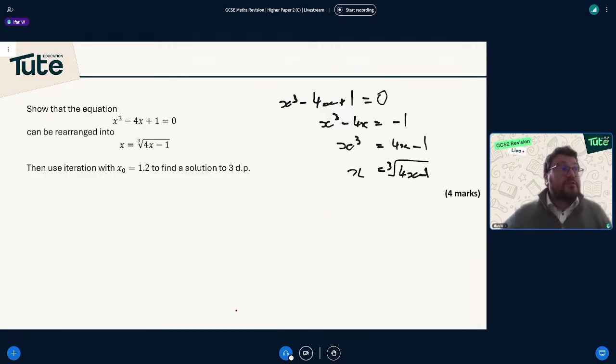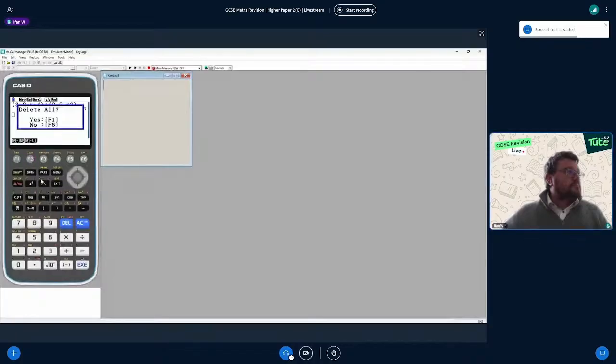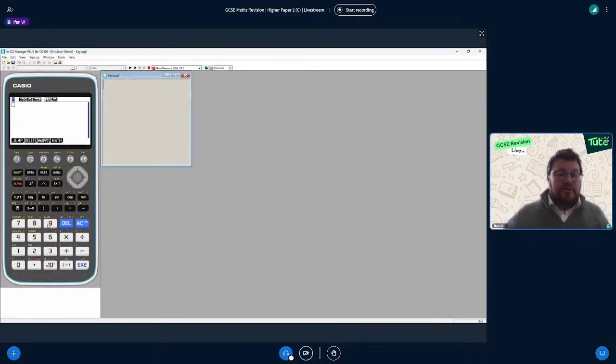Right, this is where my calculator is going to come into play. I'll get my calculator up for you so that you can see what I'm doing. Right then, so x is equal to 1.2. The first thing I'm going to do is write 1.2 and press enter. That gives me that as an answer.